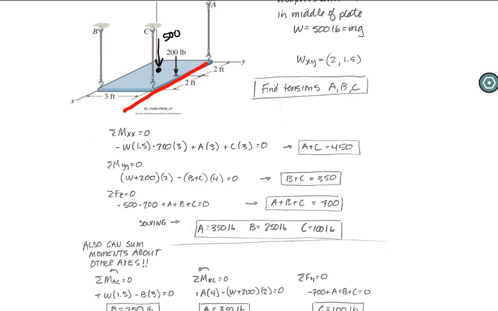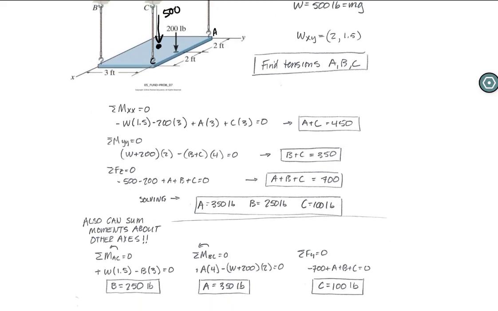However, I could also sum the moments about this axis. If you see that, all 3 of these forces go through that axis. The 500 causes a rotation in one direction, and then this one will cause a rotation in the other direction. So in other words, if I call this the AC axis, where this is A and this is C, I can sum the moments about the AC axis and solve for B with one equation.